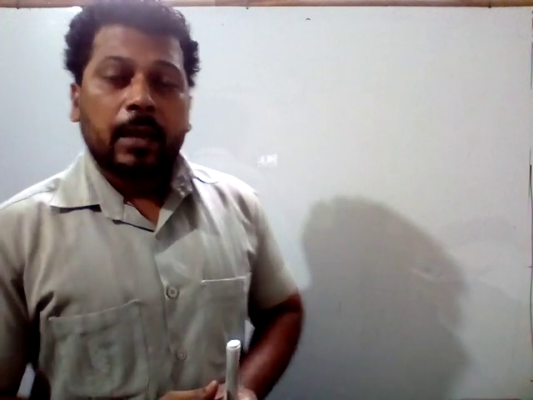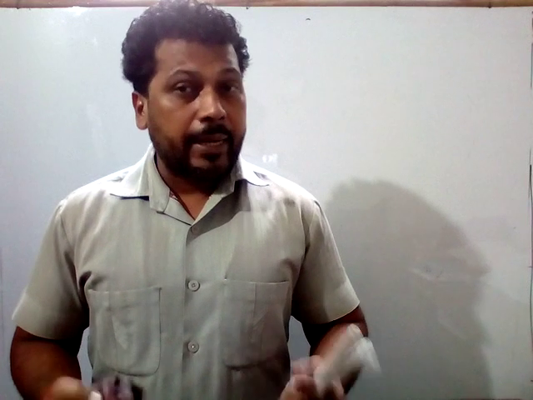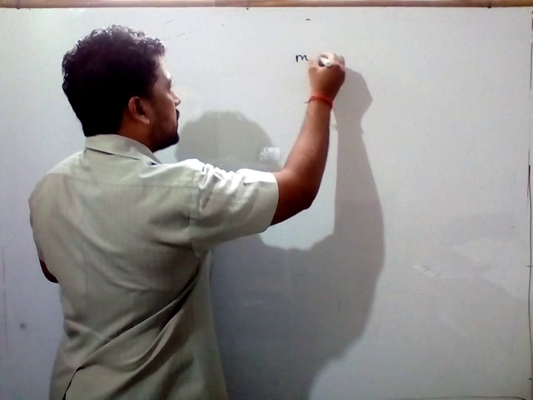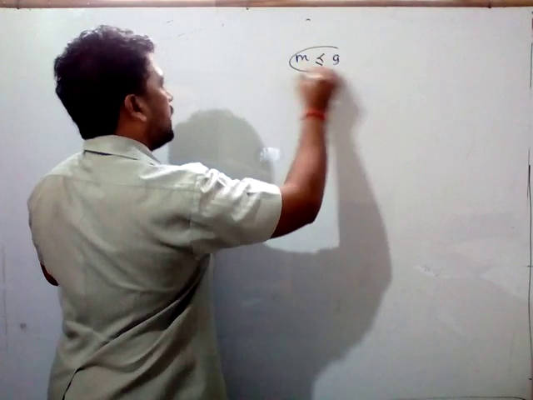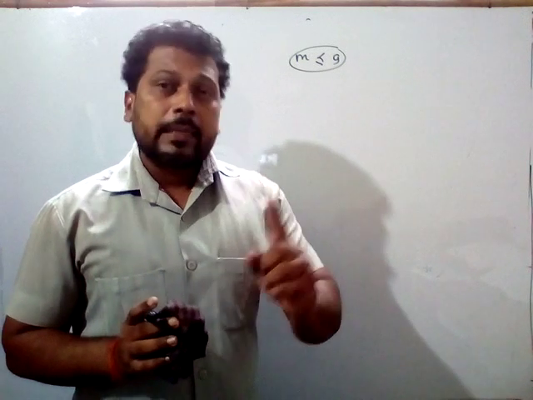So what is a compound microscope? Whenever we want to obtain a magnifying power m less than or equal to 9, we can obtain it with a simple microscope, a single lens.